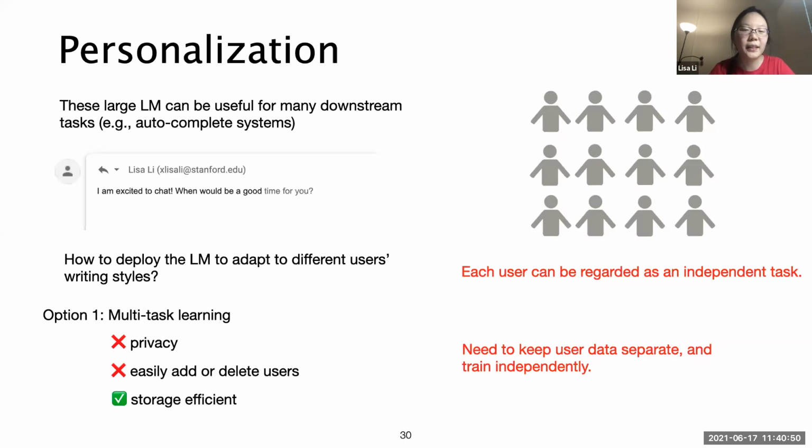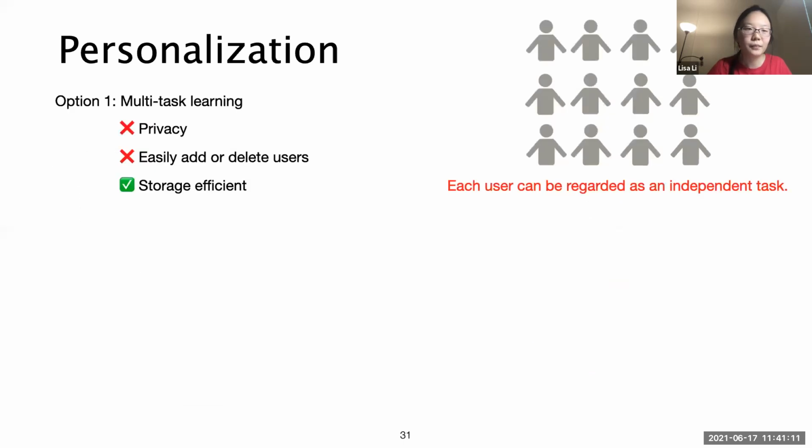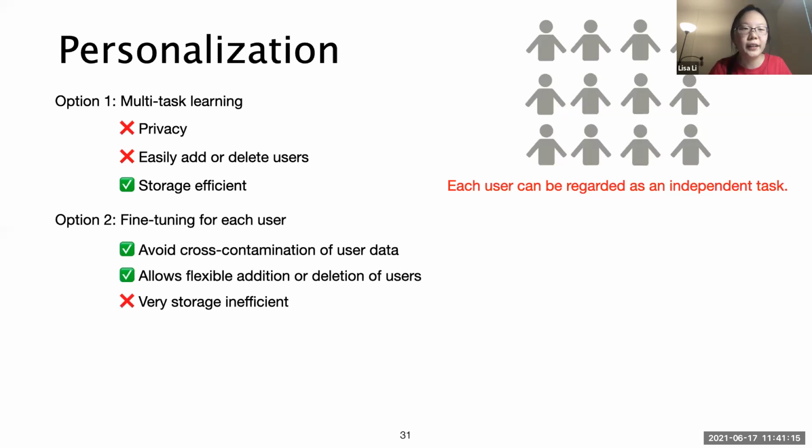So how do we address the first two issues? For privacy and flexibility, we basically want to keep user data separate and train independently. Or more precisely, if we make the method more modular, then we can address the first two issues. One such solution is to fine-tune for each user independently.